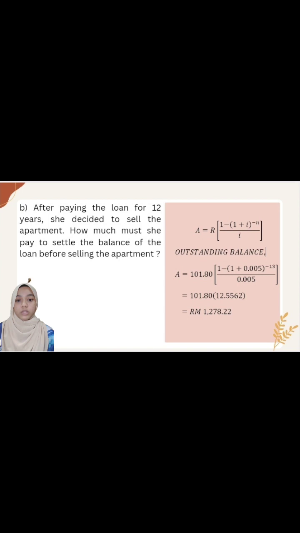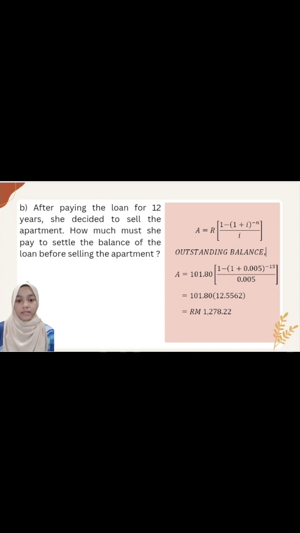So we will continue to the next question, 2 Roman b. After paying the loan for 12 years, she decided to sell the apartment. How much must she pay to settle the balance of the loan before selling the apartment? We use the formula A equals R times 1 minus bracket (1 plus i) to the power of negative n, divided by i.